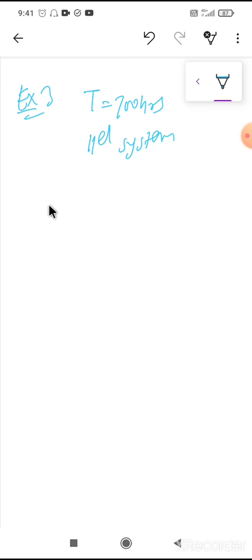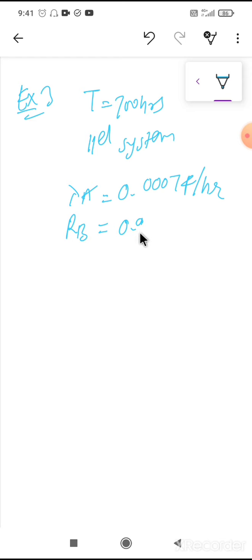The failure rate of A, that is lambda A, is given as 0.000007 failures per hour. The reliability of B is given as 0.92.